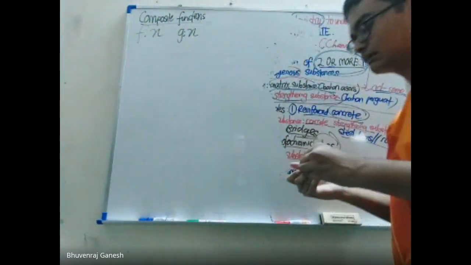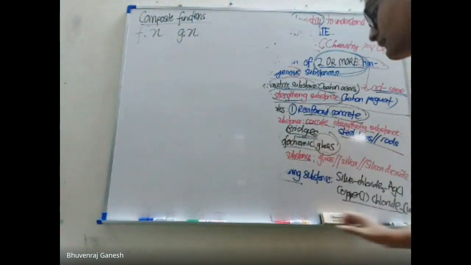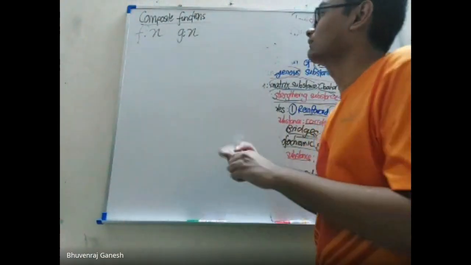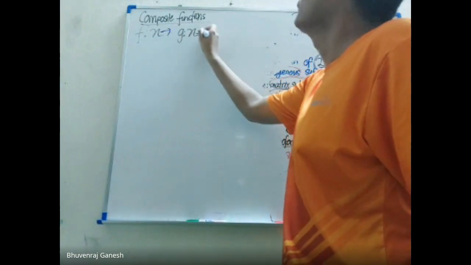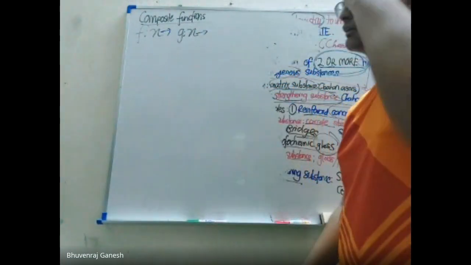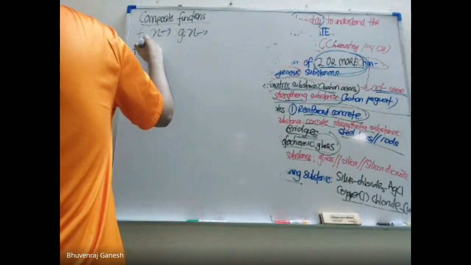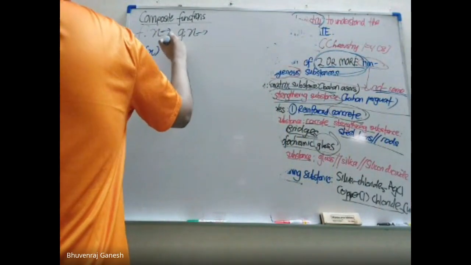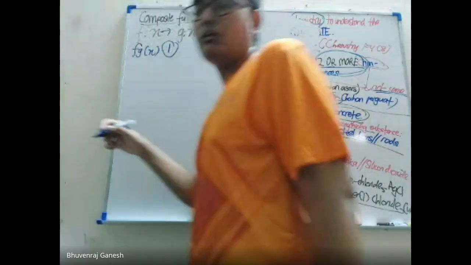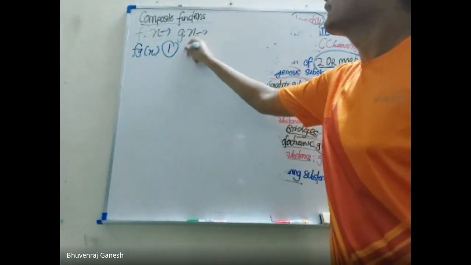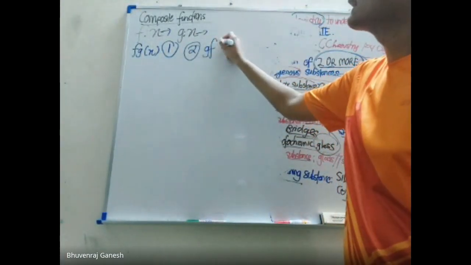But it can be anything. Most of the questions will give you f(x) is what and g(x) is what, and then ask you to find the composite function. The composite function can appear either as fg(x) or gf(x). So we have two chances here.